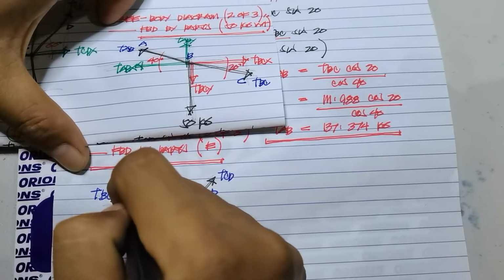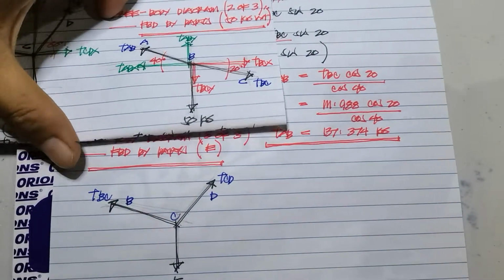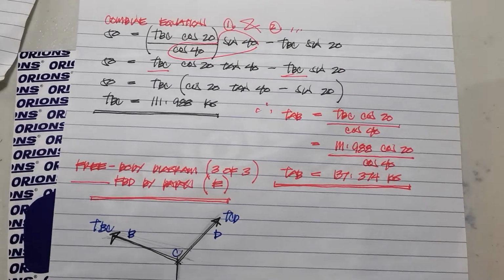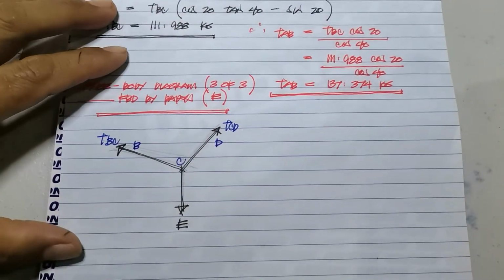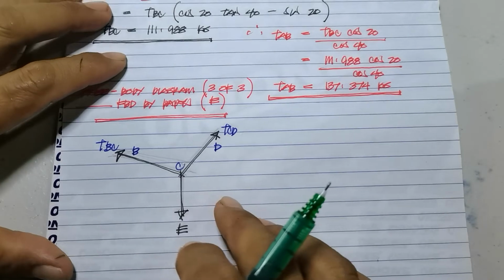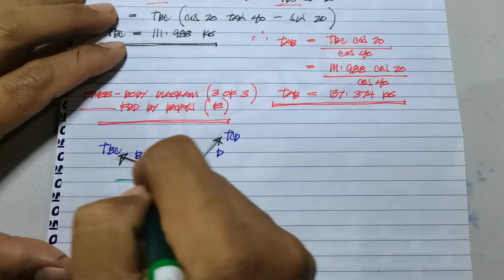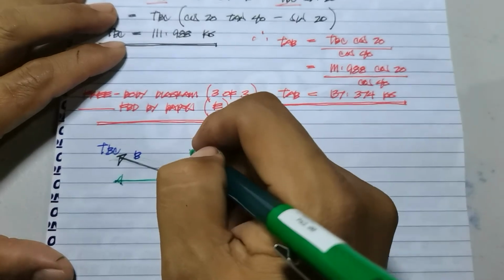TBC. So, if you recall what I told you, for as long as we have forces, loads, reactions, or tensions that are inclined, we are going to break them up into their X and Y components.